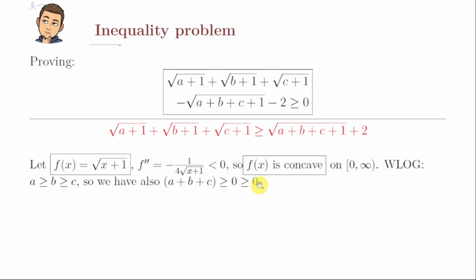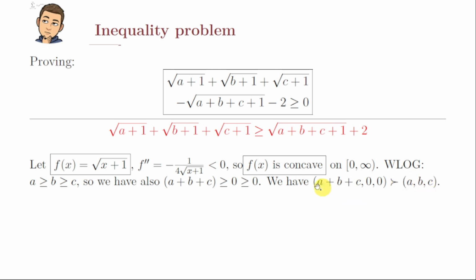So this is the second set of points. We can let this be y1, y2, y3, and this be x1, x2, x3. So we have here that the set of points a plus b plus c, 0, 0 majorizes the set of points a, b, and c.